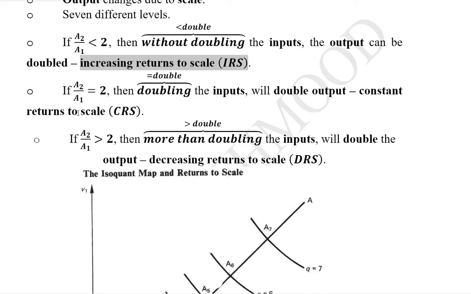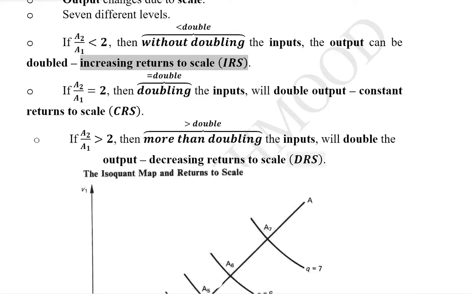because it is neither greater nor less. Then this is greater than 2. It means that more than doubling the inputs will double the output. The inputs, if we make them more than the double, then we are able to double the output.